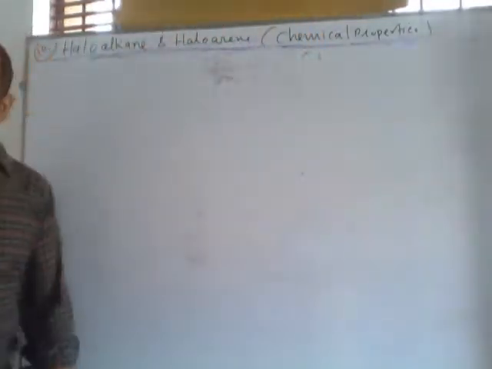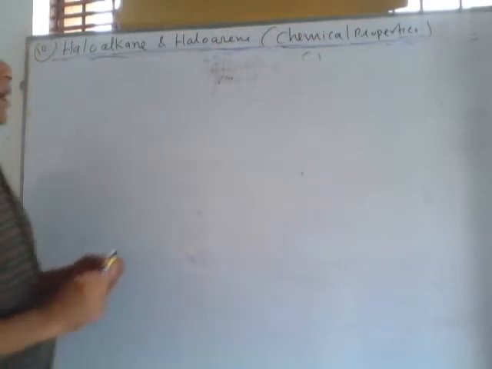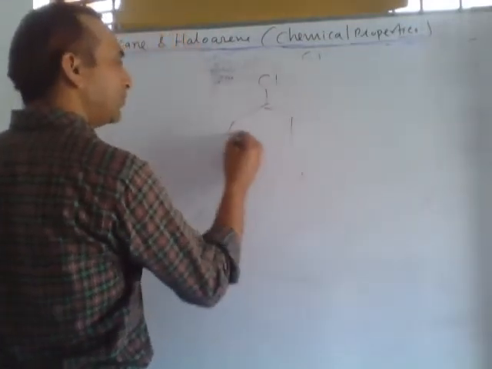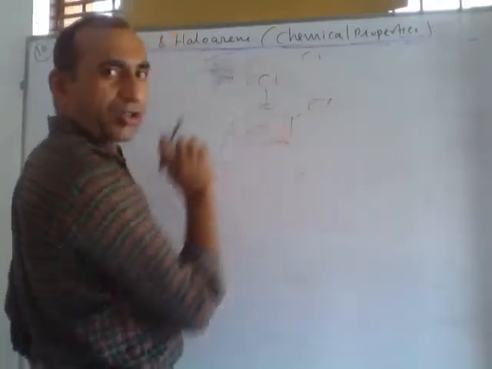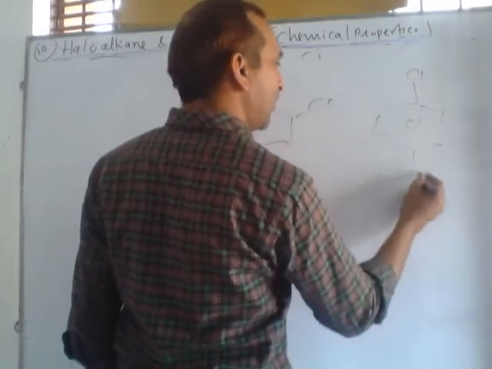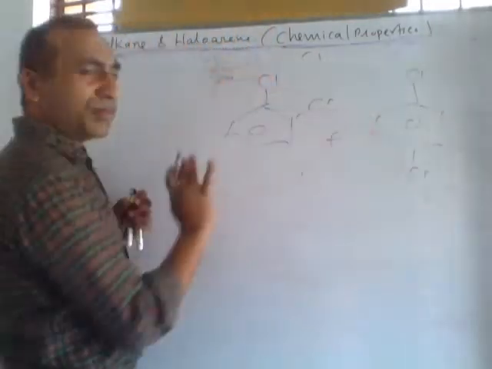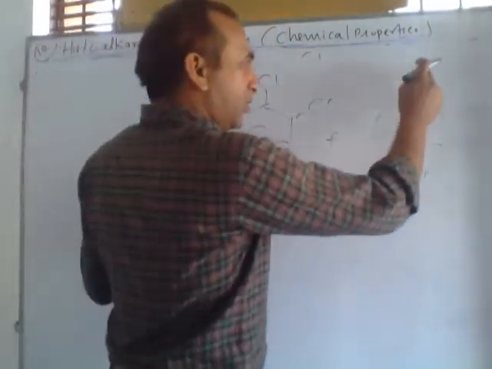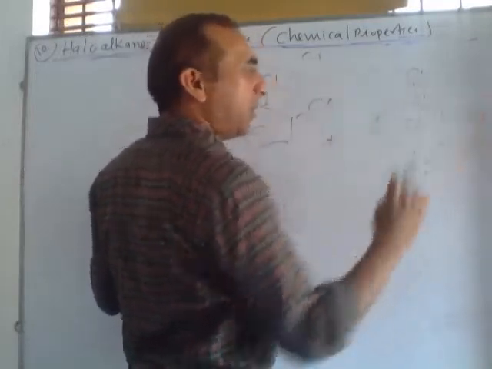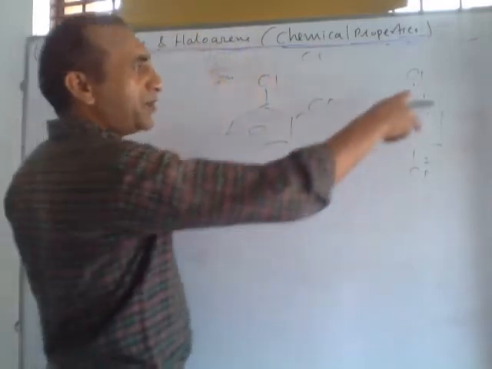But remember, out of these two products, suppose these are the ortho compound and the second is the para compound. In the para product, the two groups have a large gap, meaning large distance.